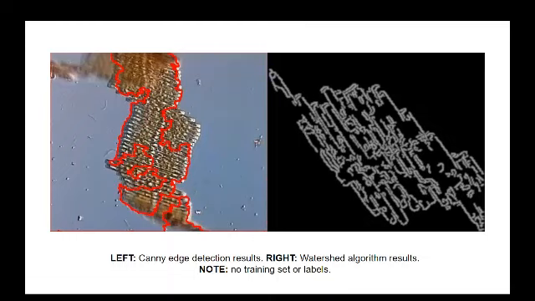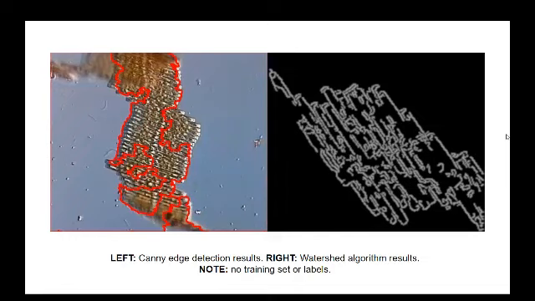And then on the right you see the watershed algorithm, where you see a little bit better resolution in terms of some of the cell boundaries and then the edge of the colony. But again, there are a lot of gaps, and it's not really useful.